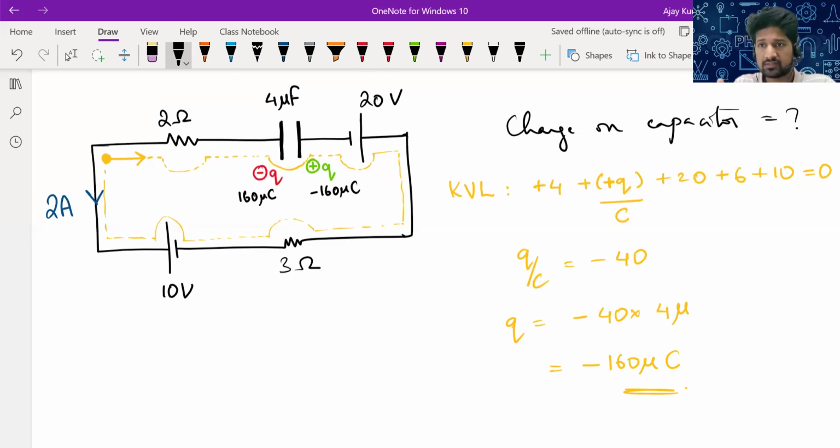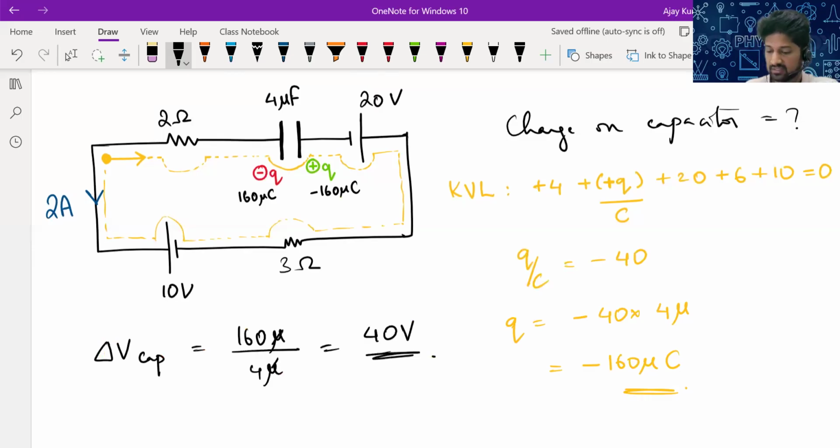And once you know charge on a capacitor and its capacitance also, you can even tell potential difference across the capacitor. Q by C. 160 microcoulomb divided by capacitance 4 microfarad. It has a potential difference of 40 volts. That is why it is able to drive current opposite to these two batteries. So it was charged using some other cell or some other circuit and placed in this circuit.